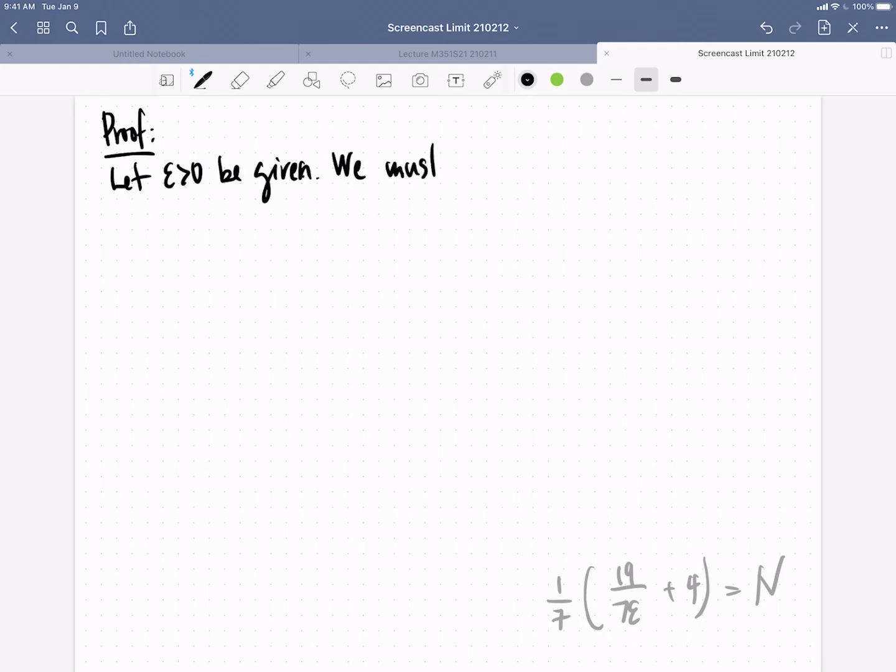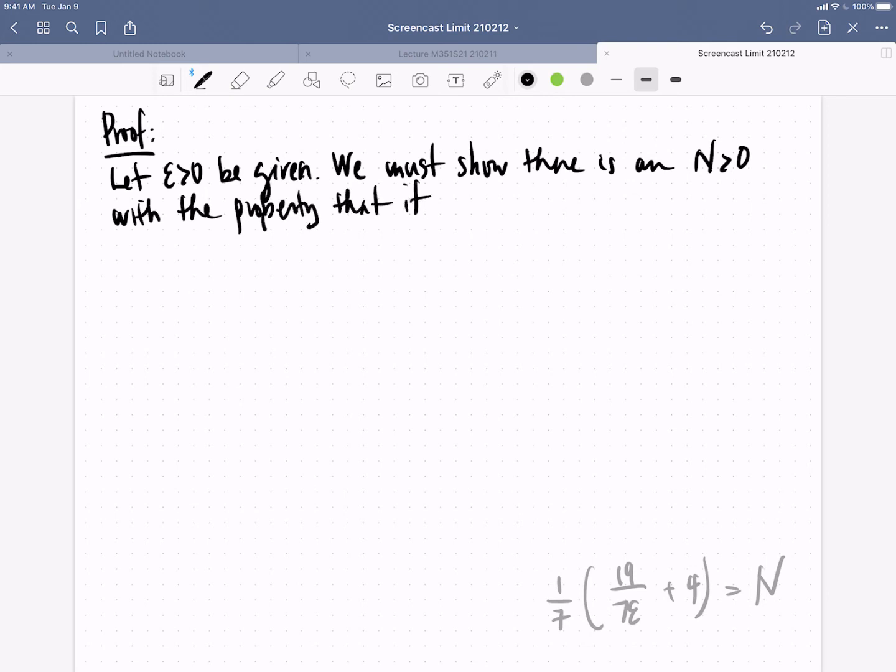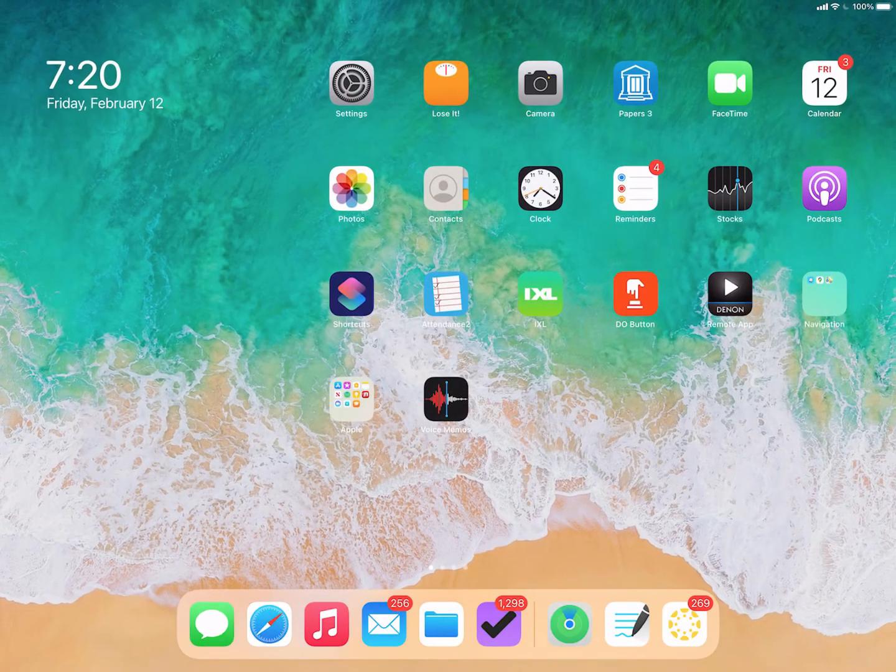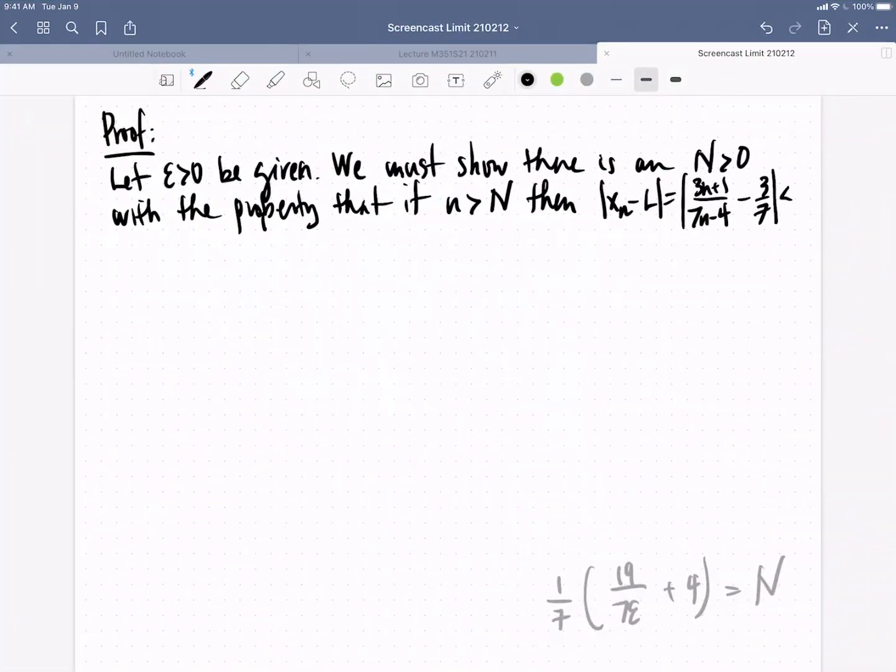We must show there is an N greater than 0 with the property that if little n is bigger than capital N, then x_n minus L, which in this case is (3n + 1)/(7n - 4) minus 3/7, is less than epsilon.